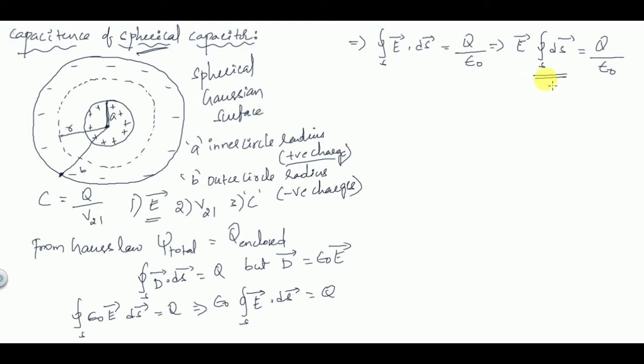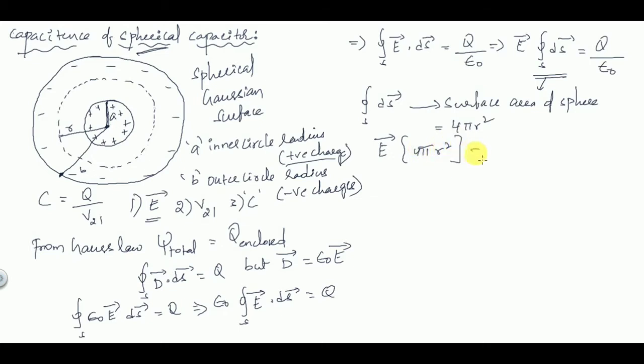So this is the surface area of a sphere, right? Integral over S of ds bar represents the surface area of the sphere. So what is the surface area of a sphere? It is given by 4 pi r square. Okay, so E bar into 4 pi r square is equal to Q by epsilon naught.